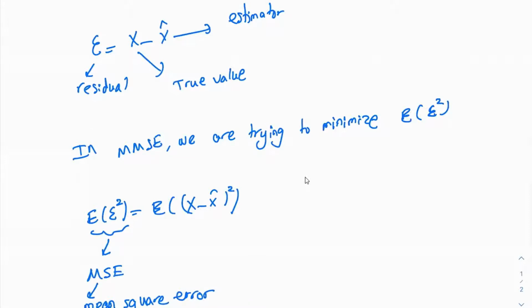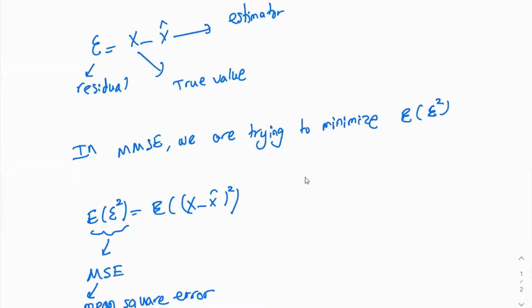Like in other videos, I always want people to understand the goal, what we are trying to do. Otherwise, writing a mathematical equation without understanding it would not have any value. In MMSE, the goal is to minimize the MSE, the mean square value of the error.